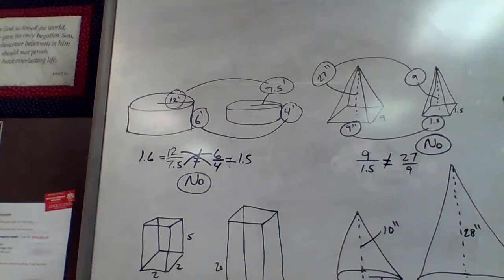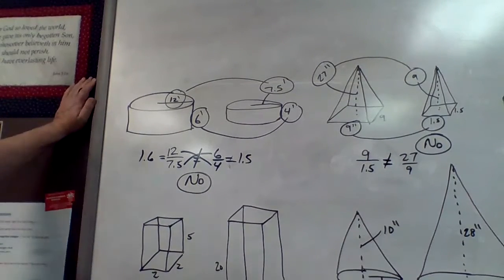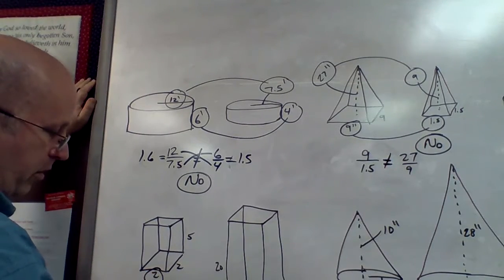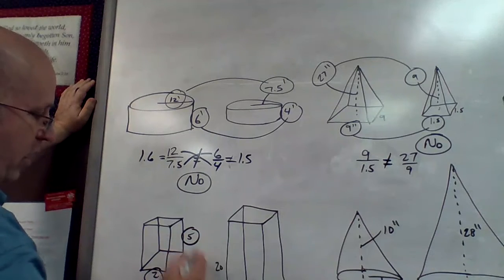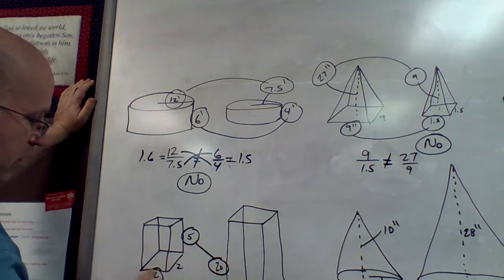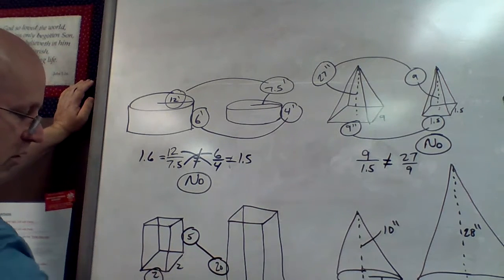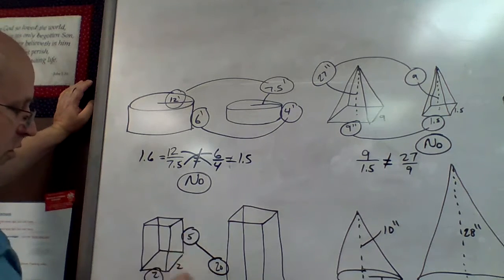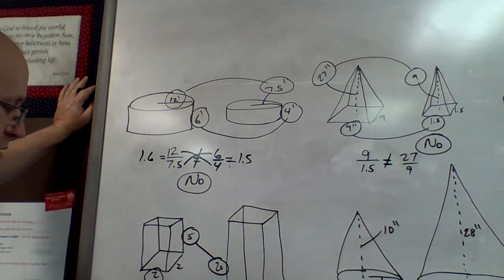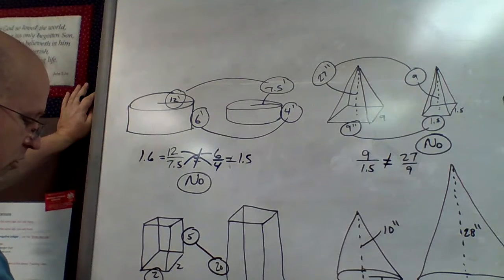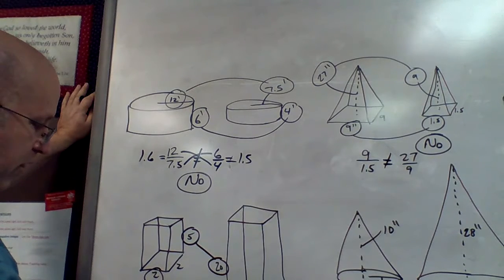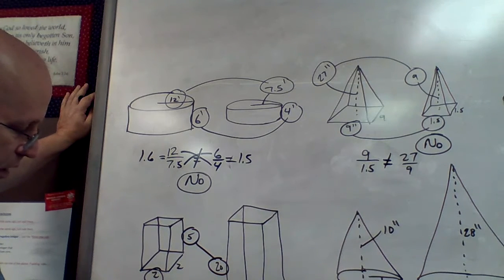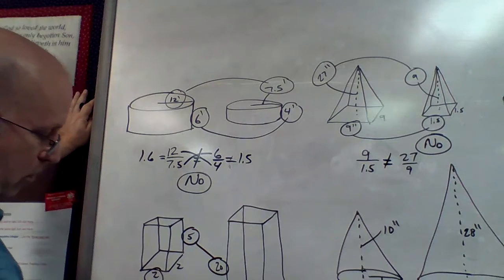Let's go down here. Let's look at this one. What about 2 compared to 9 and 5 compared to 20? The base of the squares compared to the height of the rectangular prisms. Well, 2 is to 9. Is that equal to 5 over 20? And the answer to that is no, they are not. 9 times 5 is 45, and 2 times 20 is 40.